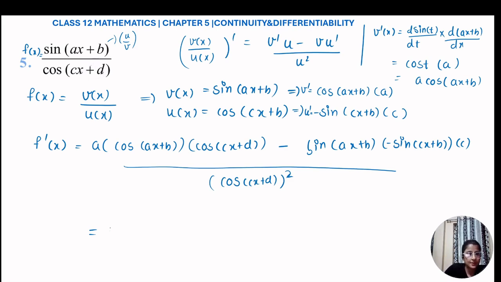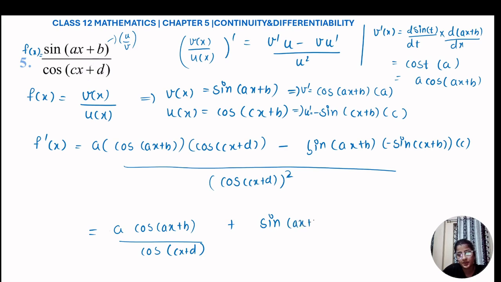So this will be a cos(ax plus b) times cos(cx plus d), and this minus will become plus, c sine(ax plus b) times sine(cx plus d). Take the constant at the beginning, always write the constant first. All divided by cos(cx plus d) whole square.